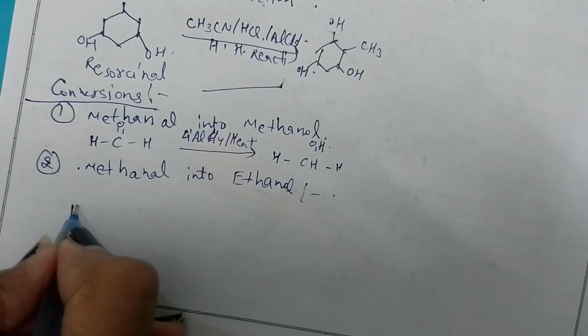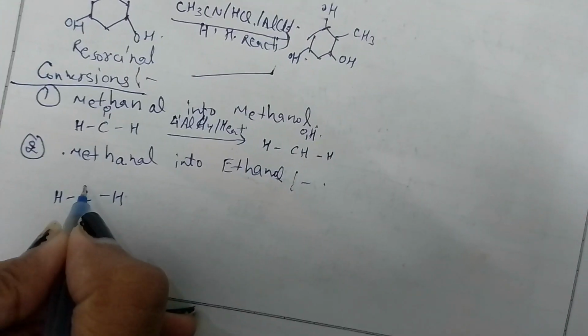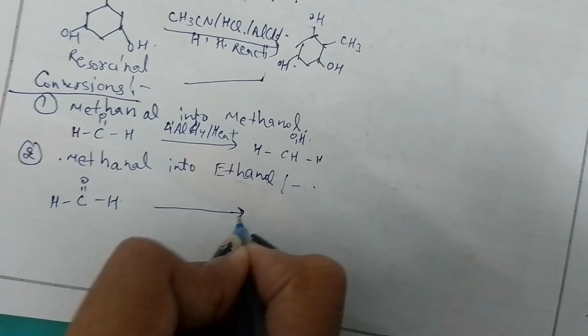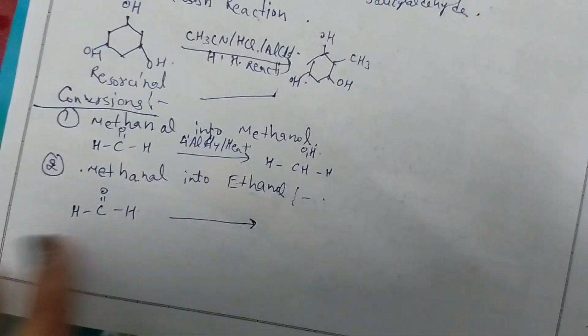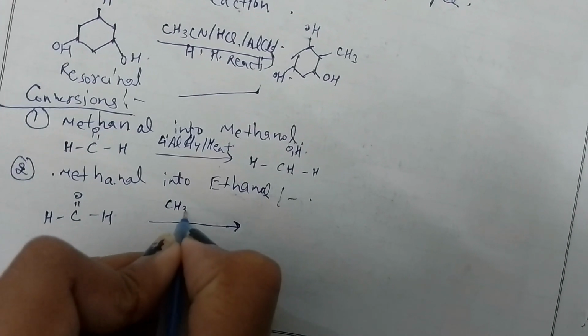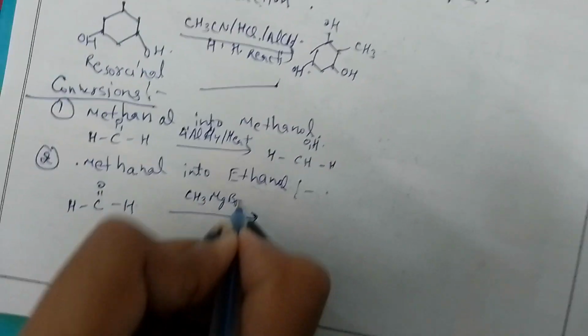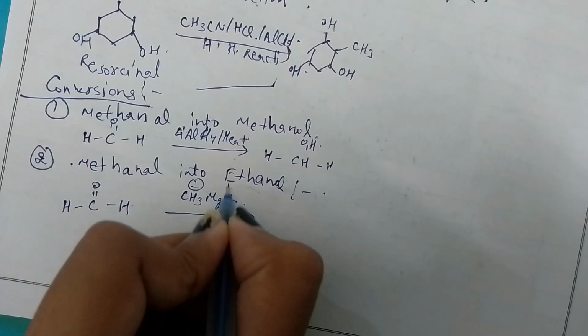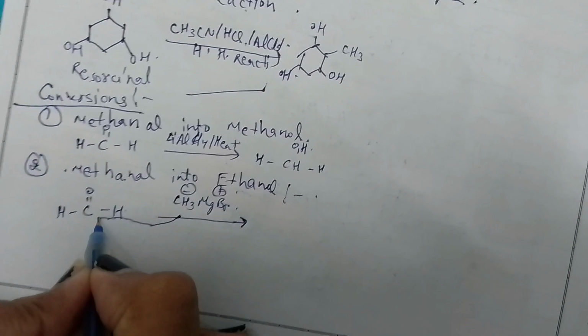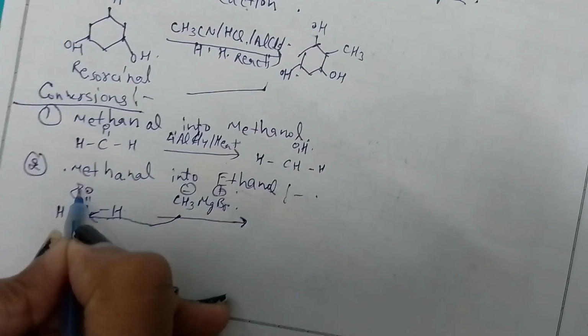Here we will write methanal first. Here we will add CH3MgBr, CH3 negative, MgBr positive. It will attack on this and it will go to this.